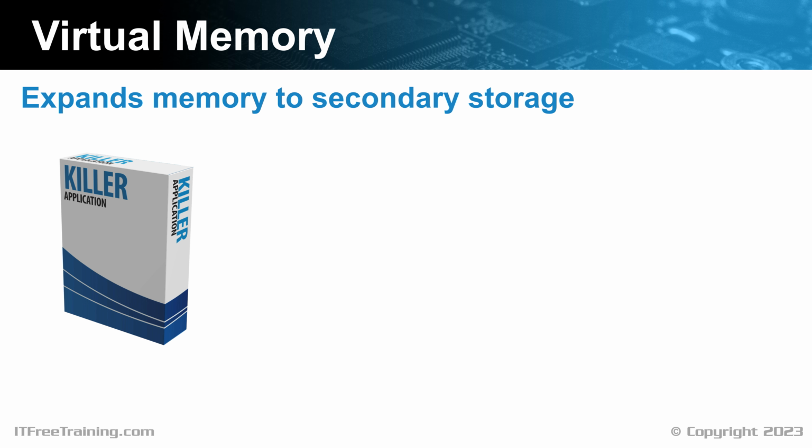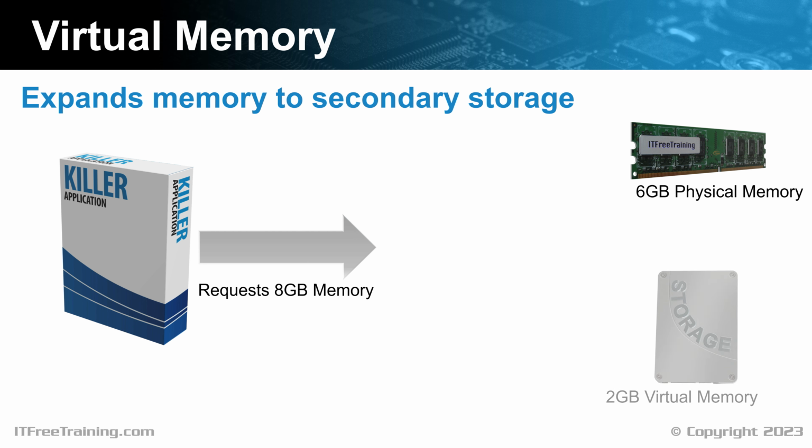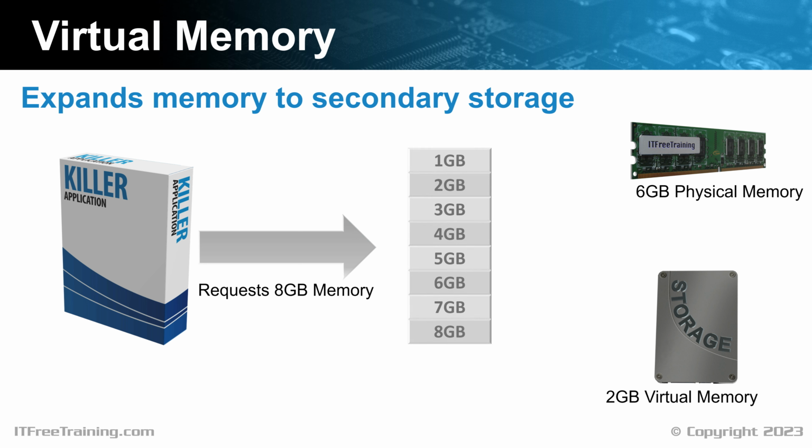To understand how this works, consider that we have our software application. The application requests 8 gigabytes of memory. The problem is that there are only 6 gigabytes of physical memory in the computer. In order to allow the application to run, 2 additional gigabytes are stored on secondary storage. So, what the application sees is 8 gigabytes of memory, which is stored across physical memory and secondary storage.